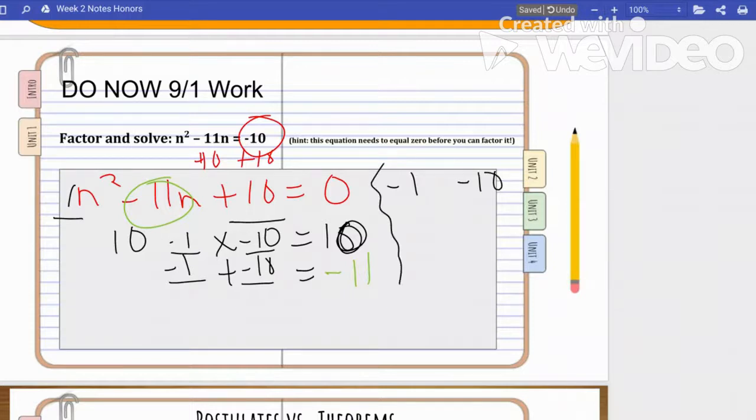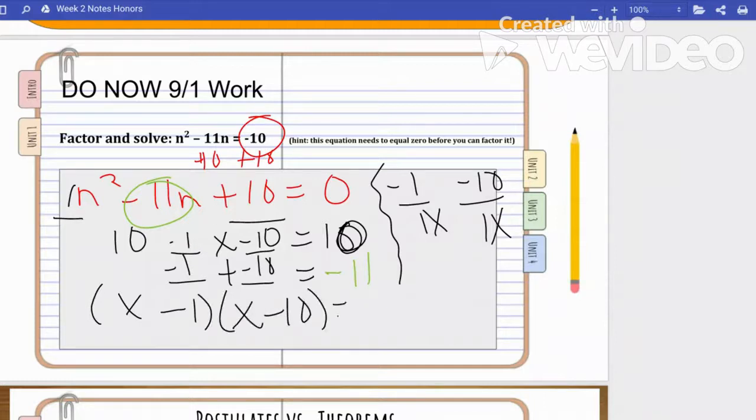I'm going to divide both things by 1 because that's the a value. They don't reduce because a is 1, so the coefficient's 1, so we put x there. So my factors are going to be x minus 1, x minus 10, set that equal to 0, and then we solve each one of these.